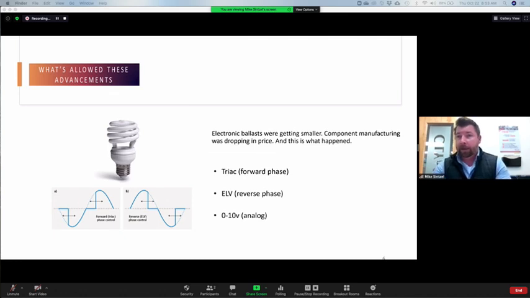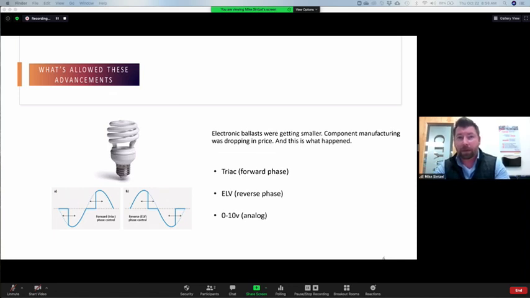Unfortunately, the U.S. is really the only country that still utilizes 0 to 10. I'm from Canada originally, and probably about 80% of dimming technology up there is DALI, which utilizes pulse width modulation. Europe, it's all DALI.